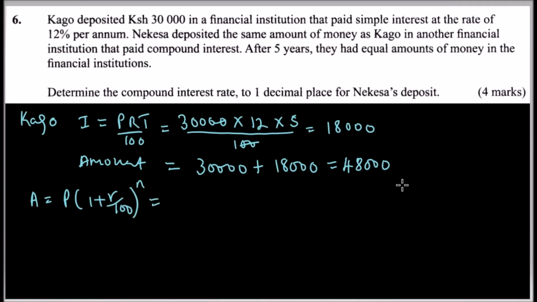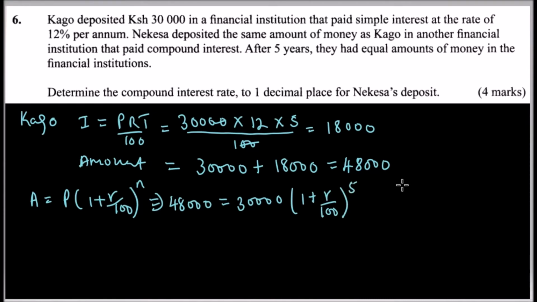So we substitute: 48,000, the amount that was in the bank, equals 30,000, the principal she invested, times 1 plus R over 100, where R is what we are looking for, raised to power n, which is 5 years.